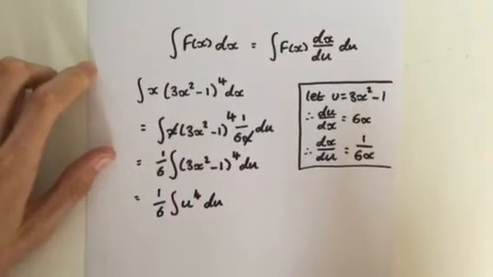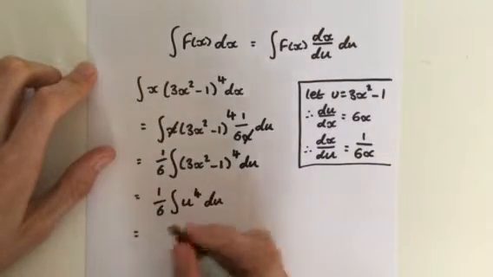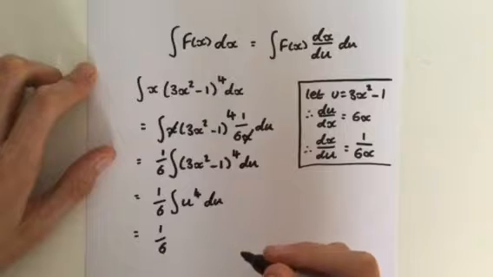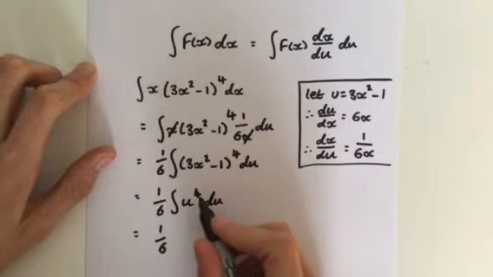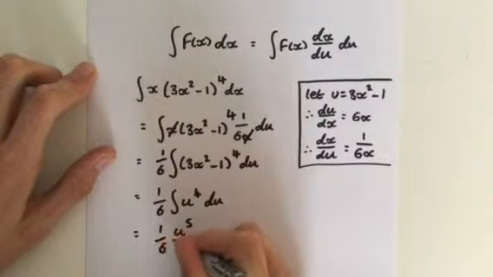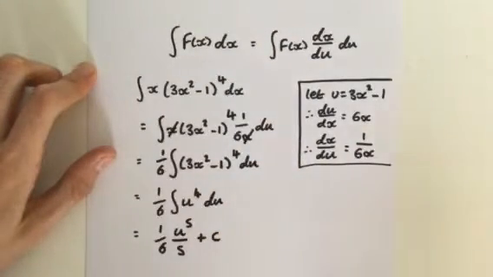So now we can integrate. We get 1/6 multiplied by u to the 5 divided by 5, plus your constant of integration, which is c.